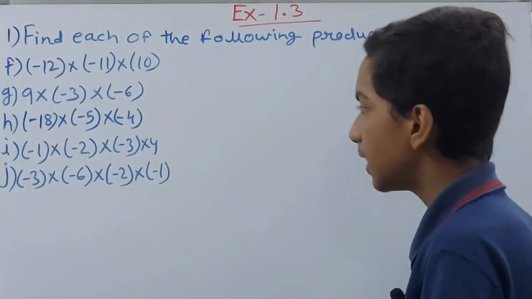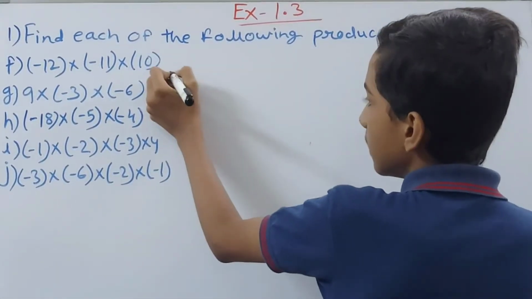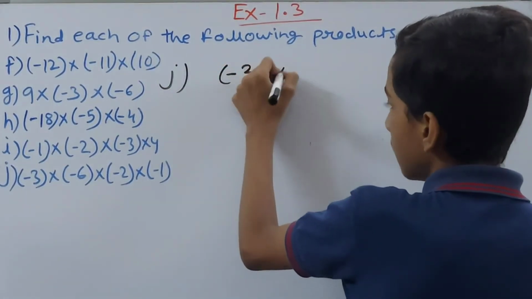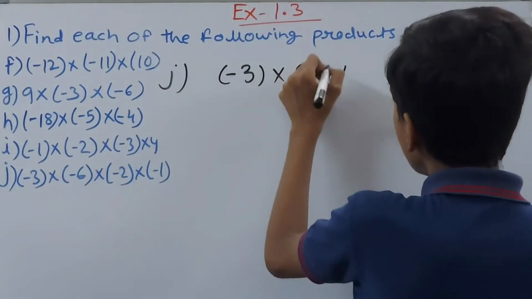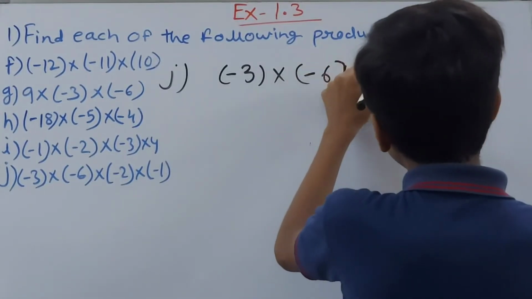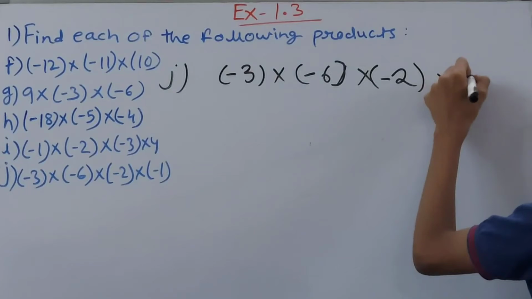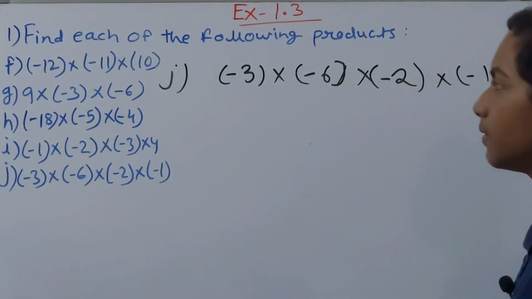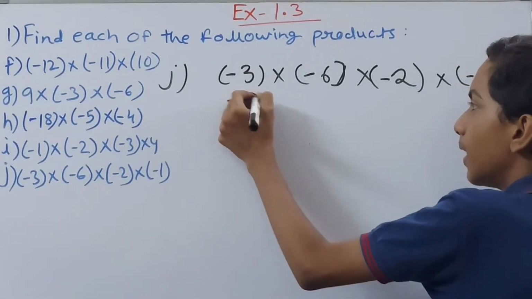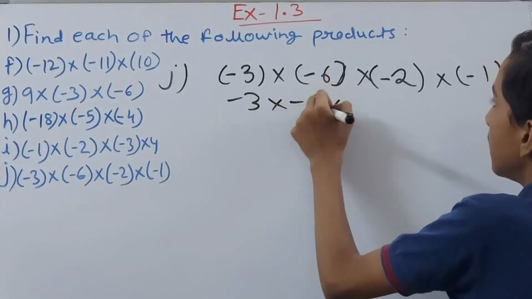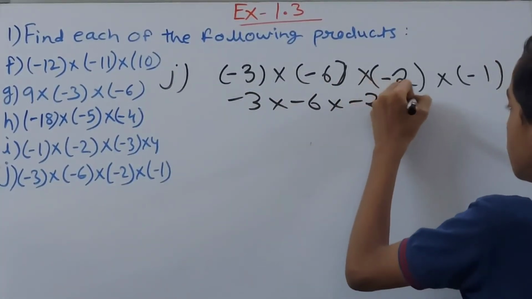Now the next one is the J part, and it is minus 3 into minus 6, in brackets only, and into, in brackets, minus 2 into minus 1. Now again we open it up: minus 3 into minus 6 into minus 2 into minus 1.